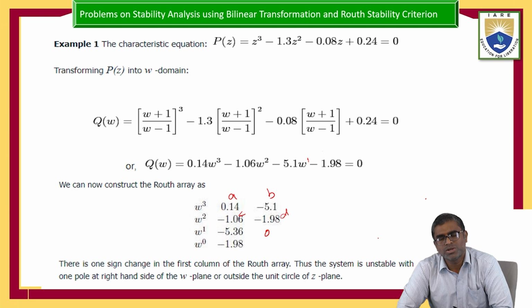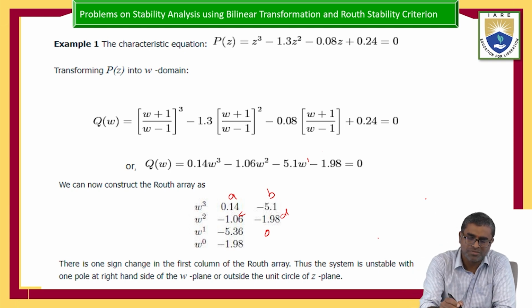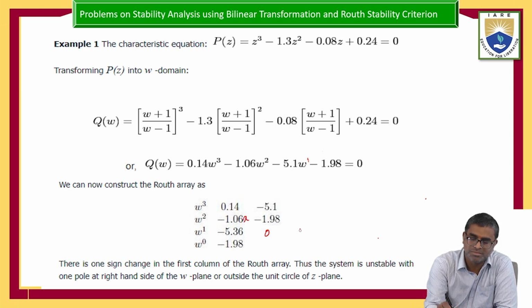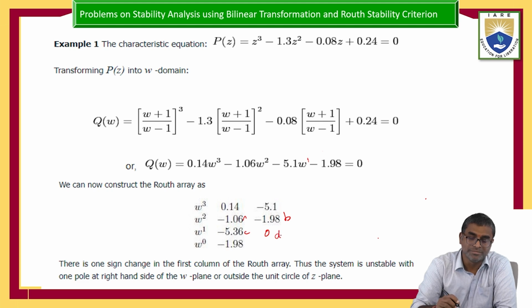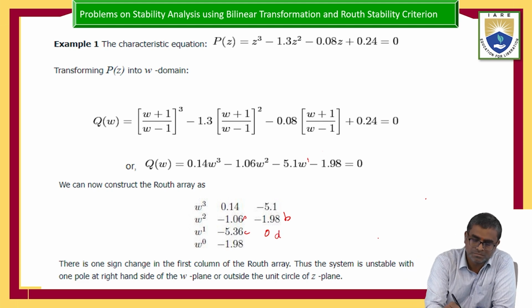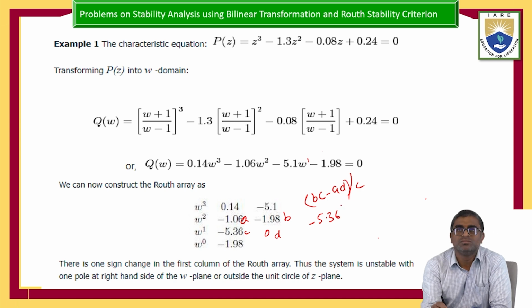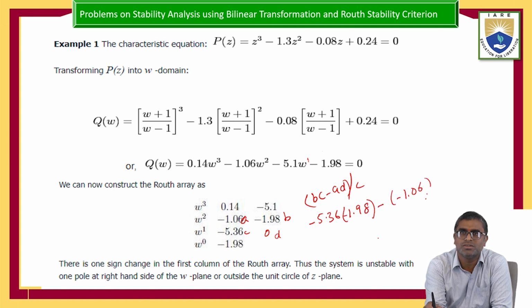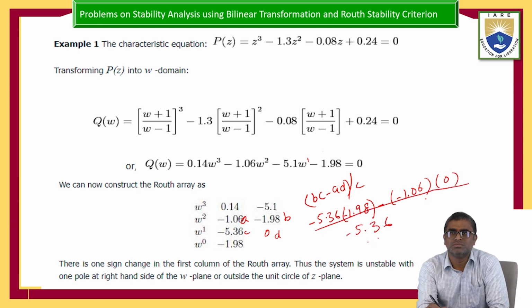Now, what is the next lower coefficient? That is omega naught. When finding omega naught, the ABCD parameters change. The omega naught value is BC minus AD by C, that is minus 5.36 into minus 1.98 minus minus 1.06 into 0, divided by minus 5.36, which is the C value.